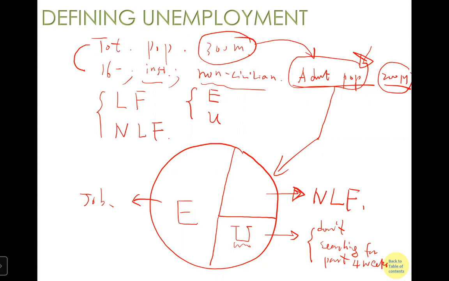All right, so now let's look at the definition, and we are going to understand them via examples. But this is just a rough idea of how we characterize the labor market.